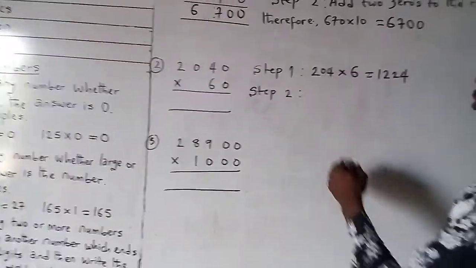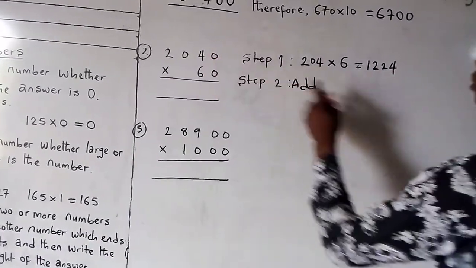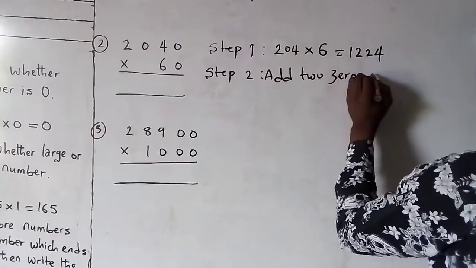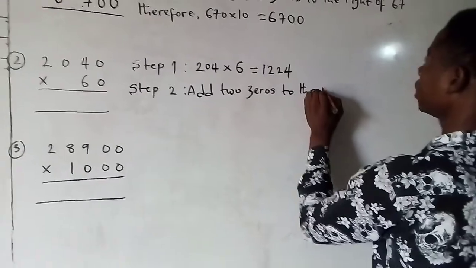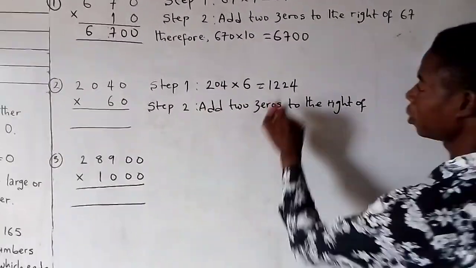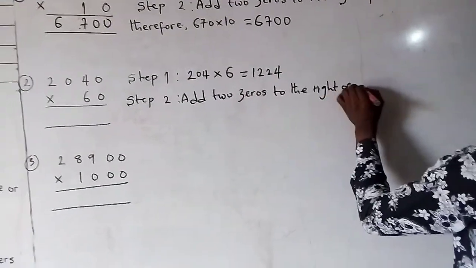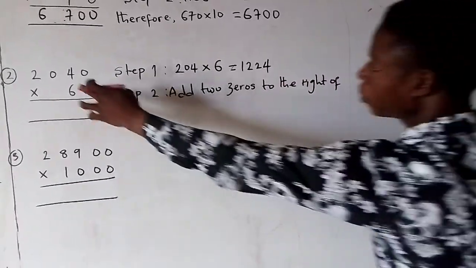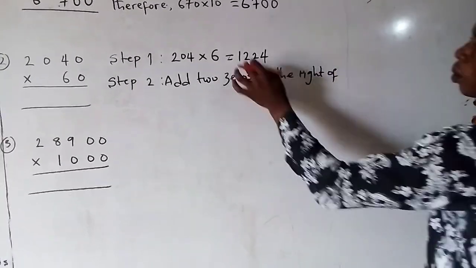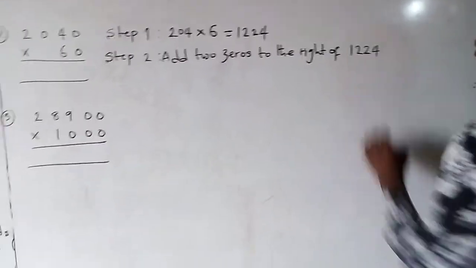Step 2 here. You are going to add 2 zeros again, 2 zeros to the right of 1,224.